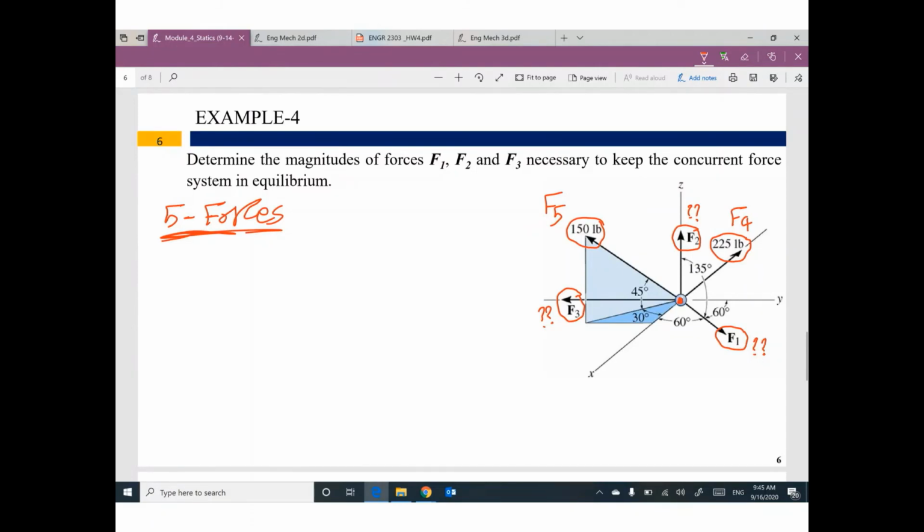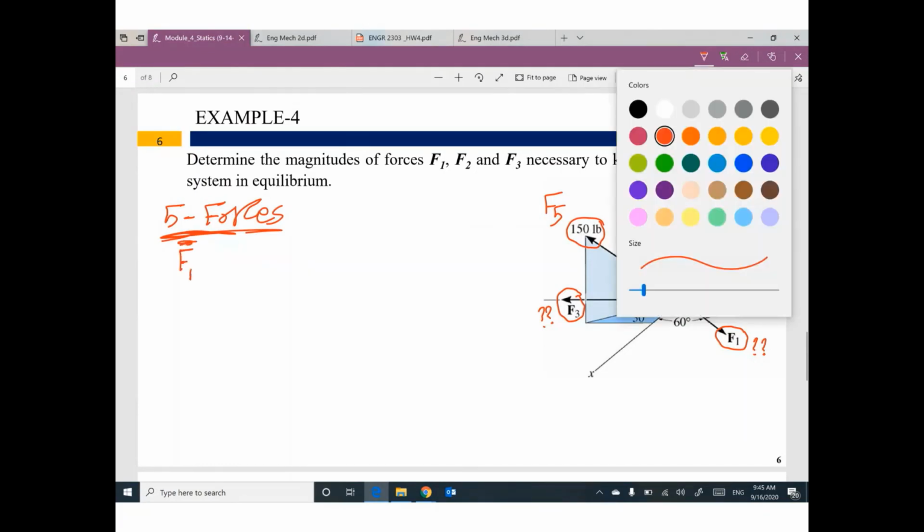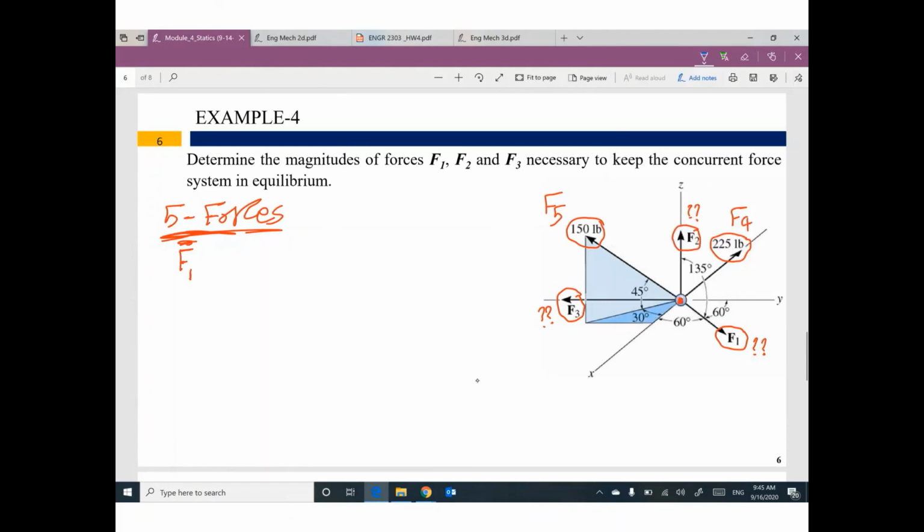Let's start with F1. F1 as a vector. I believe for F1 we have 3 angles, alpha, beta, gamma. So F1 as a vector equals F1 cosine 60 I, F1 cosine 60 J, F1 cosine 120 K. I am done with F1.